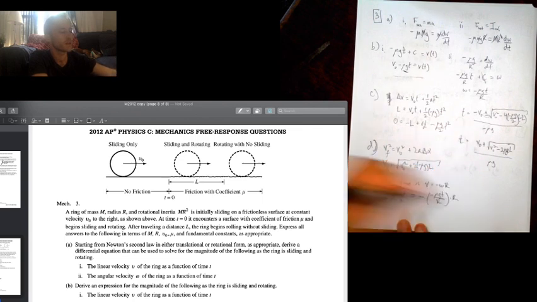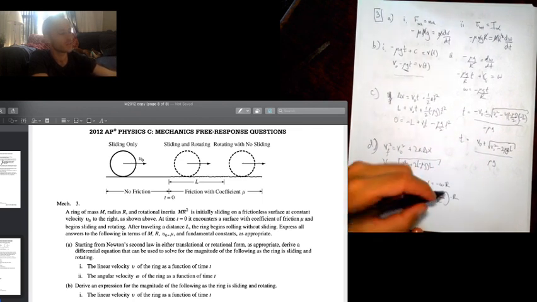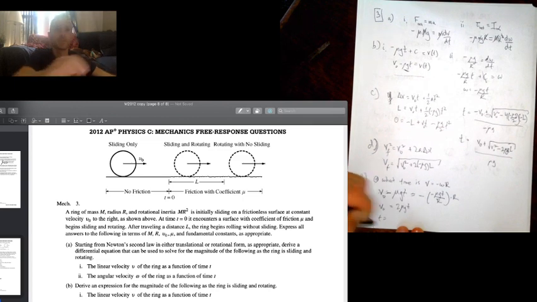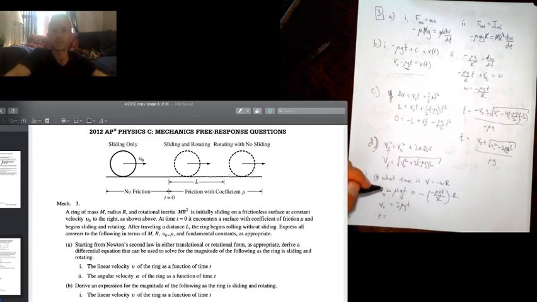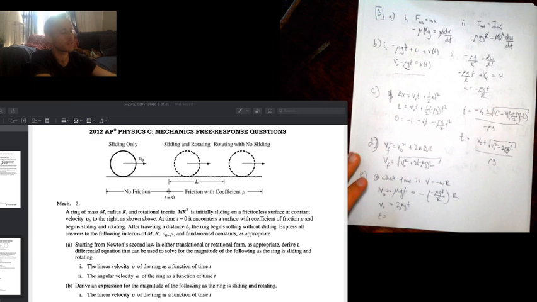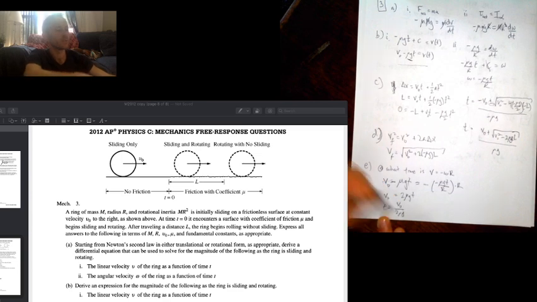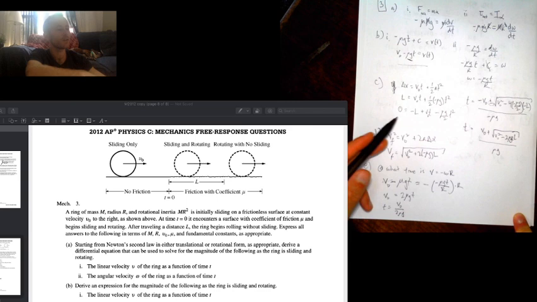Okay? So v naught equals 2 mu g t. That says that the time is v naught over 2 mu g, and then we could plug that into a kinematics equation to see how far it goes in that amount of time.